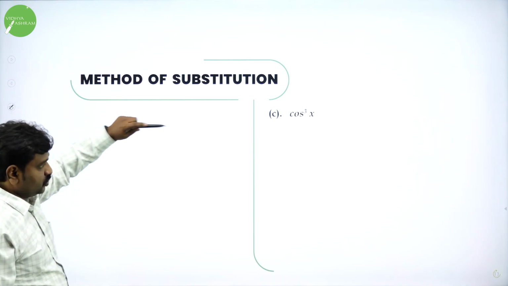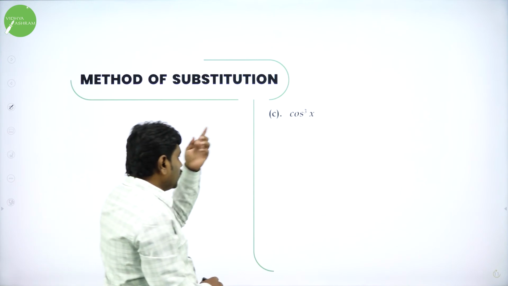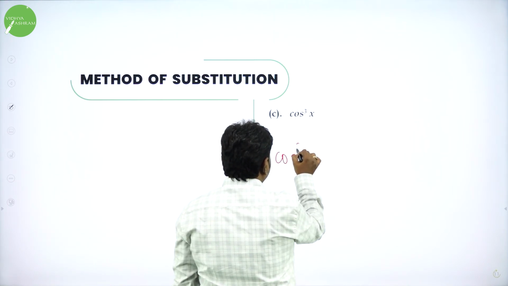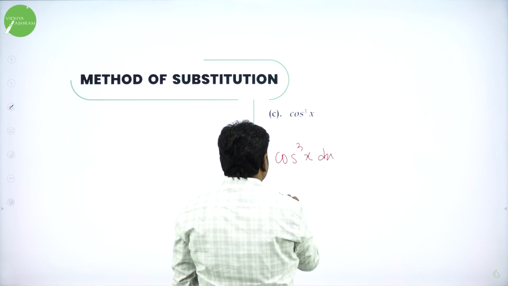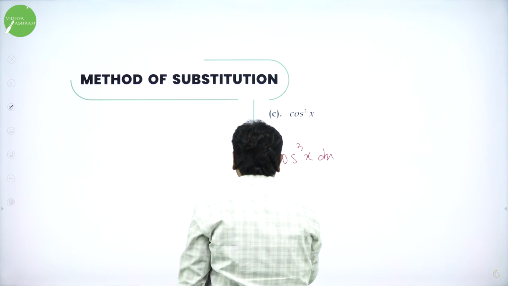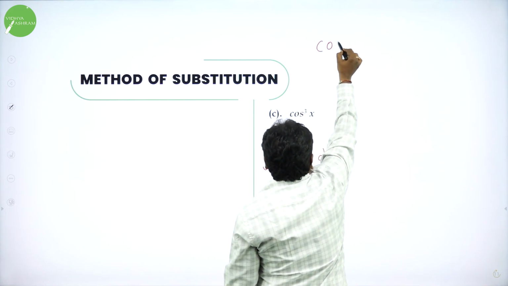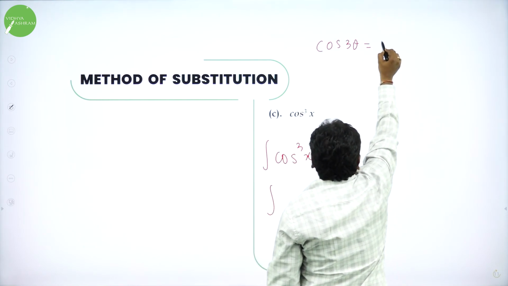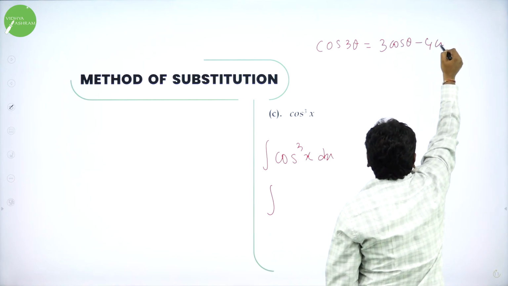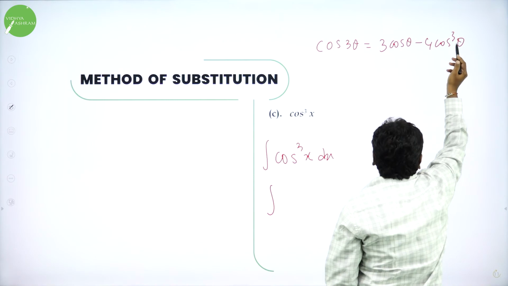Next we have cos cube x. To integrate cos cube x dx, we convert it. For cos cube x, we use cos 3 theta. What is cos 3 theta? Cos 3 theta is 3 cos theta minus 4 cos cube theta. We have a chapter called multiple angles.